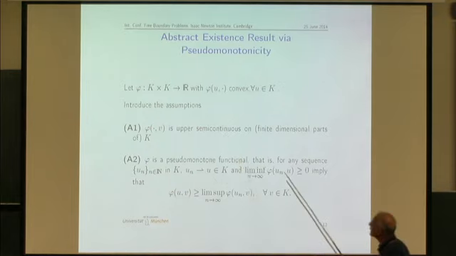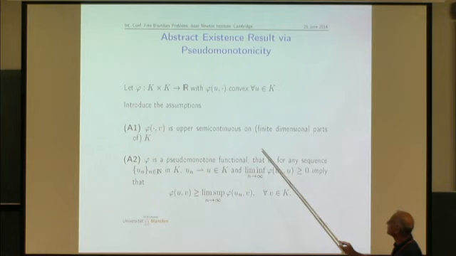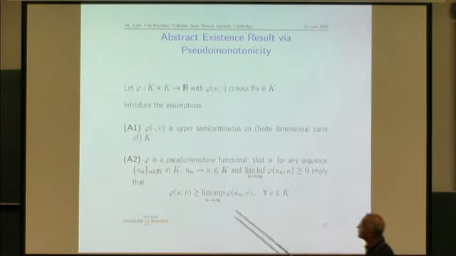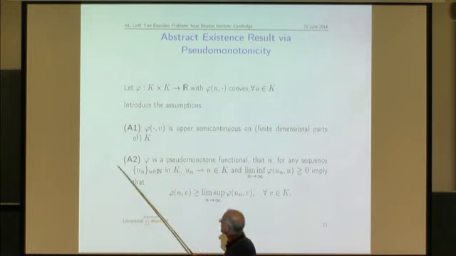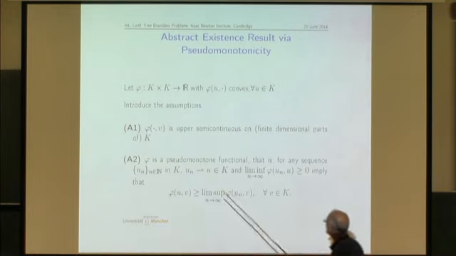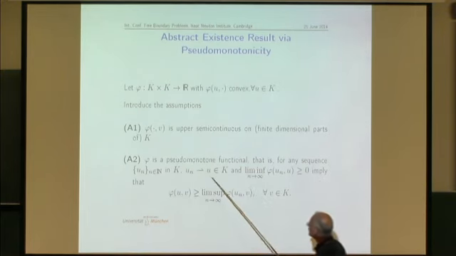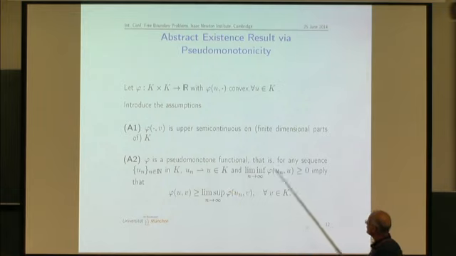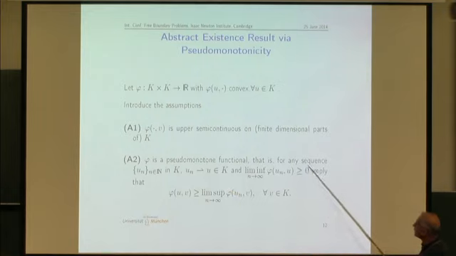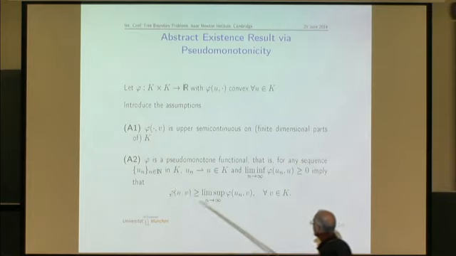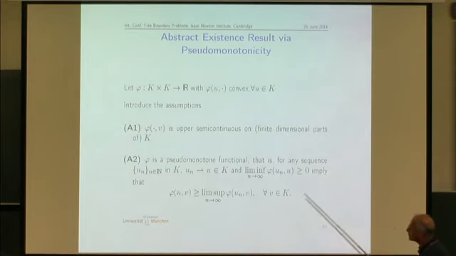You can relax this so that it is upper semi-continuous only on finite dimensional parts of K, and the pseudo-monotonicity is written here in this formula. If you consider a sequence u_n which is weakly convergent to some u, and if you have this inequality here tested with this limit element u, then you have this conclusion.